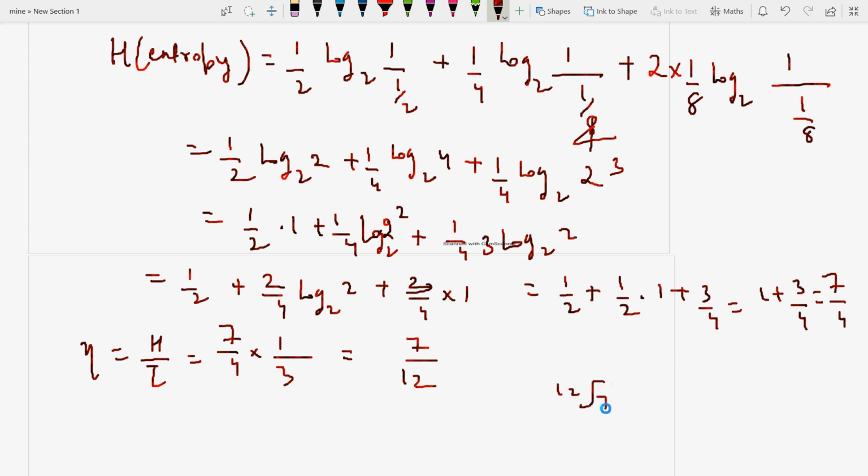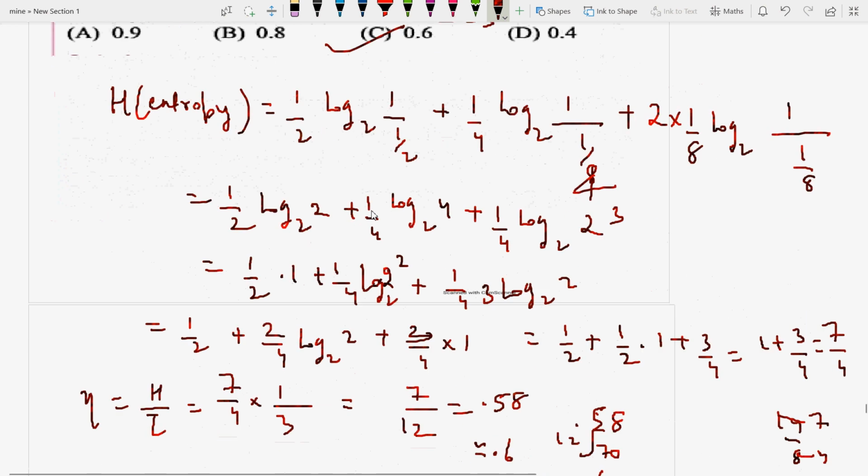If you divide it, it is around 0.58, or near about 0.6. So your answer will be 0.6.